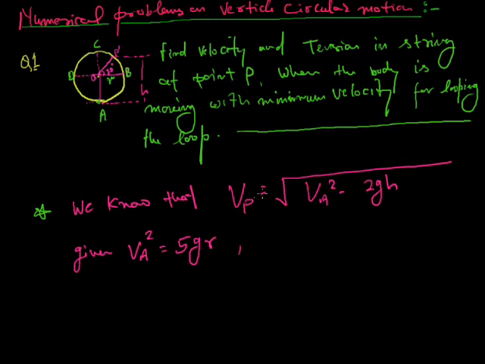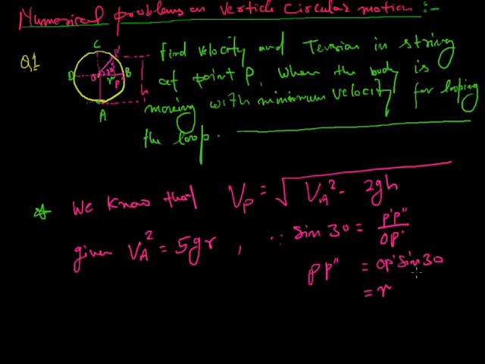We know that the vertical distance between A and B is r, and the vertical distance between P dash and B will be, we know that sine 30 will be P dash P double dash upon OP dash, that is, P double dash is OP dash sine 30, that is R into 1 by 2, that is R by 2.